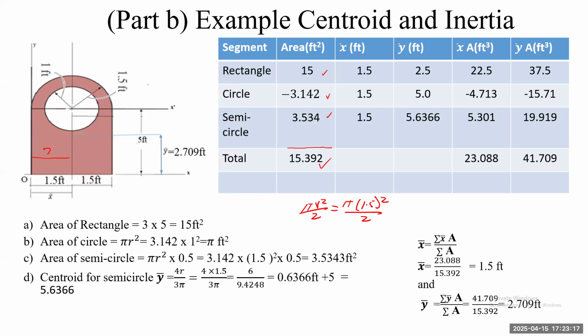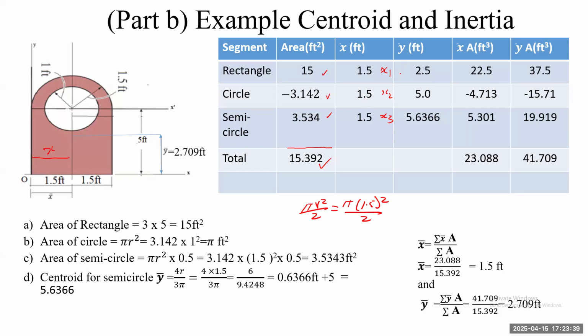The x bar for everything, or x1, x2, x3, are the same in this case. Both for the rectangle, the circle and the semicircle, they are the same because they're at the dead center.